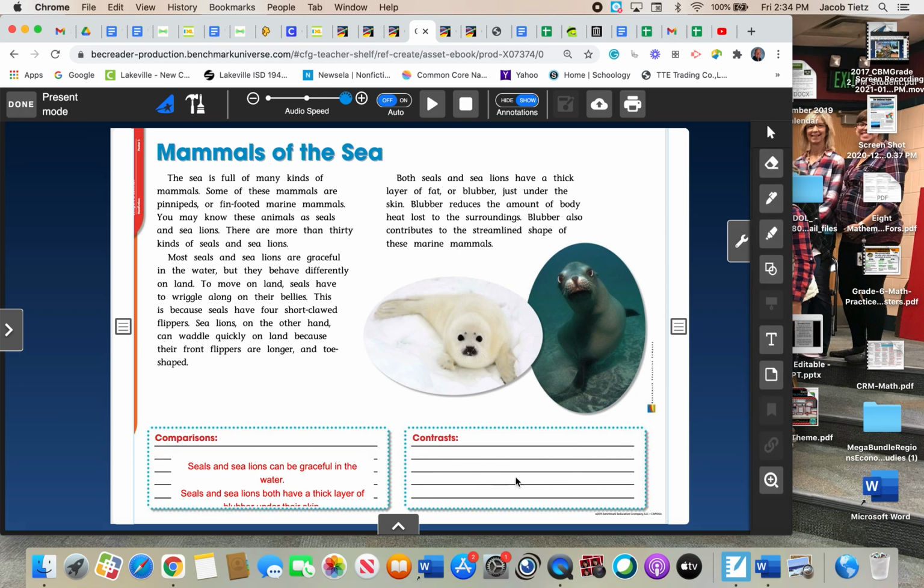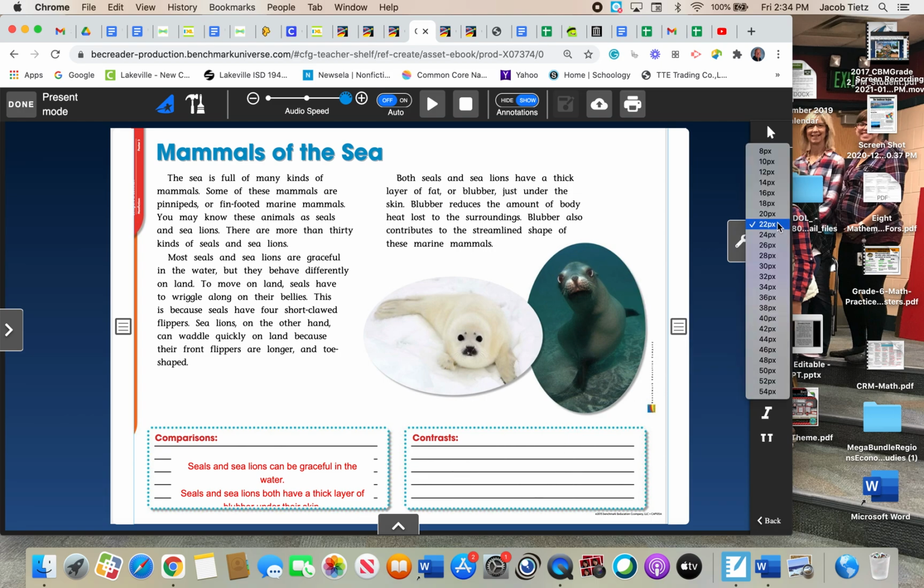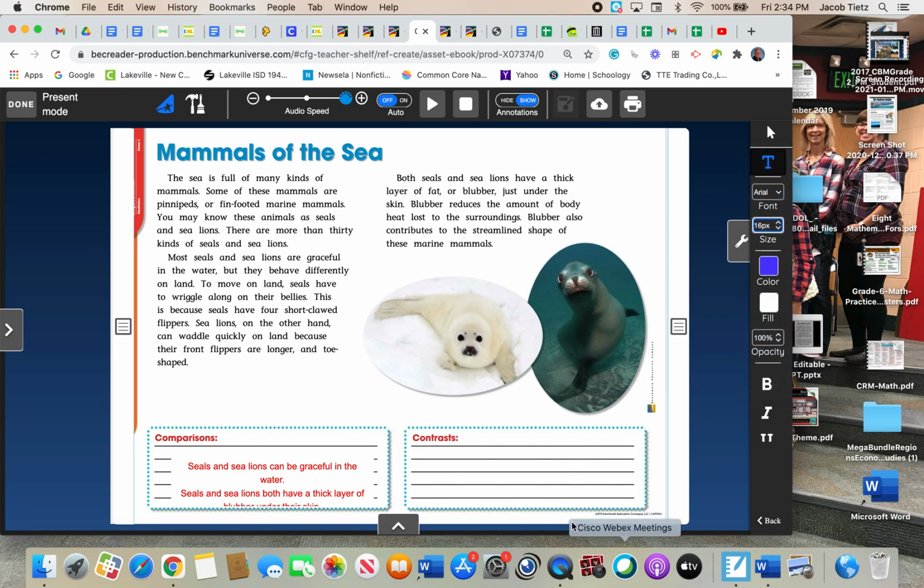Now we go to contrasts. Okay? And for contrasts, let's do a text box again. We'll do the color blue this time. And let's make the font a little smaller because we want to get as much information as we can in here. Okay, that didn't quite work.